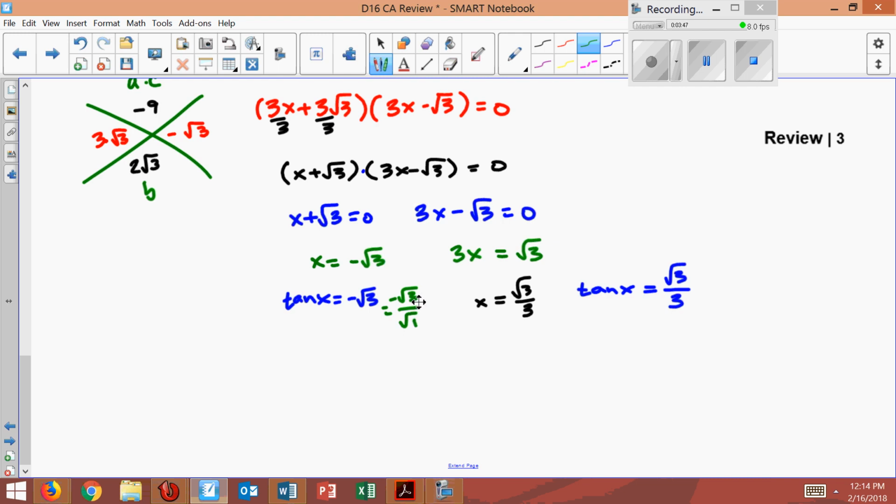I flip it over, and I ask myself, what's the location of that angle? The answer is pi over 3. So this is a pi over 3 value here. And over on this side, where does this value come from? Well, this 3 is the same thing as square root of 3 times square root of 3.